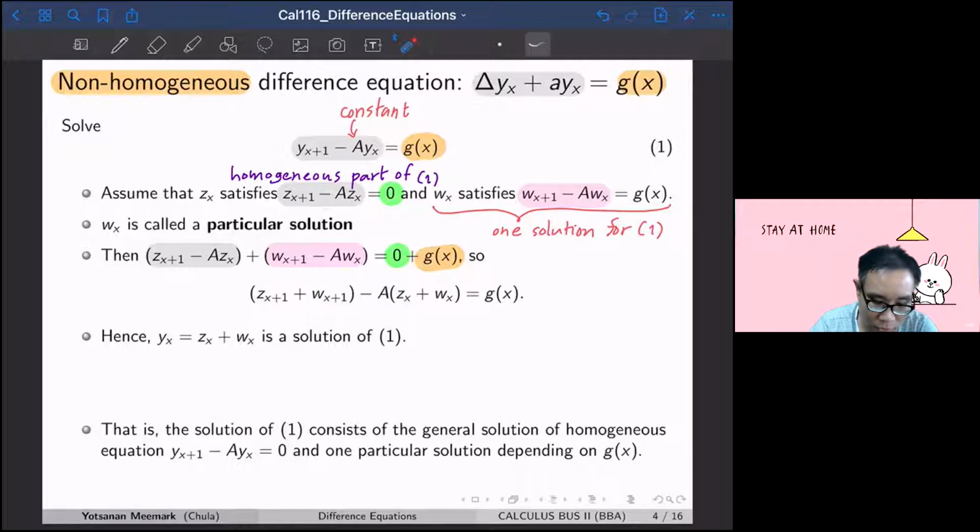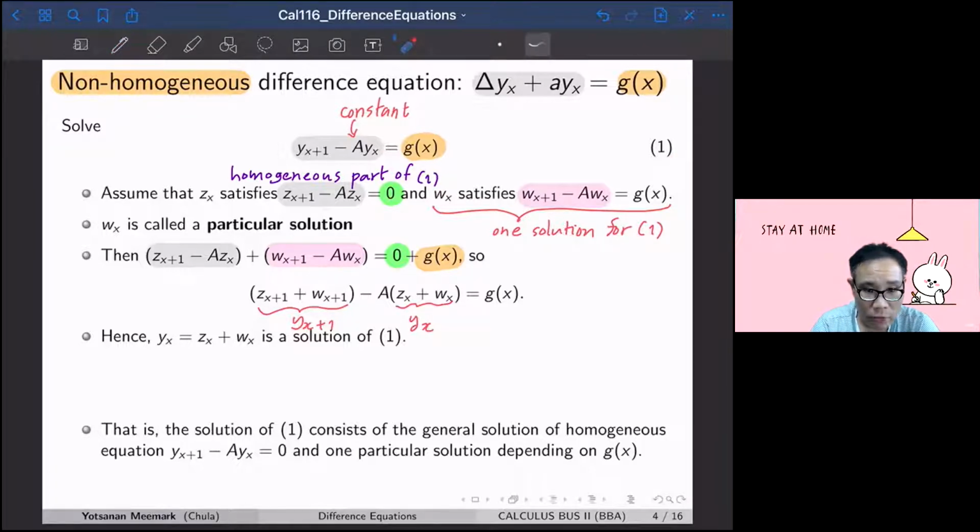So this one turns out to be y(x+1), and this one turns out to be y(x). So you have y(x+1) minus a y(x) equal to g(x), and y(x) turns out to be a solution for equation 1. We are looking at equation 1 here.